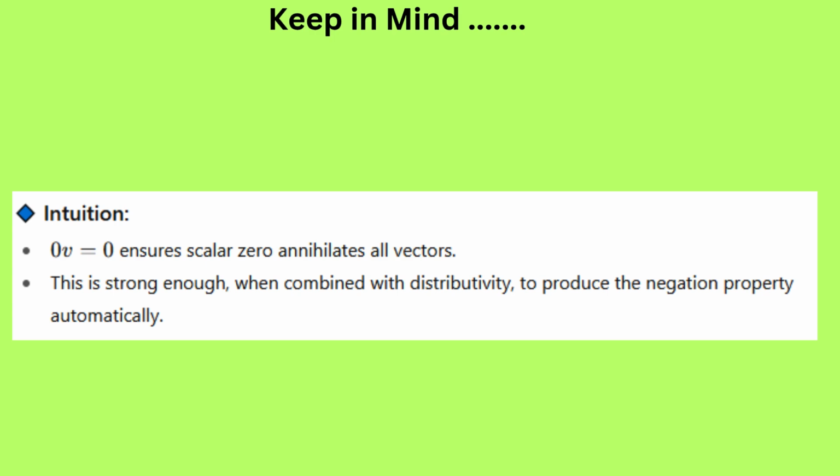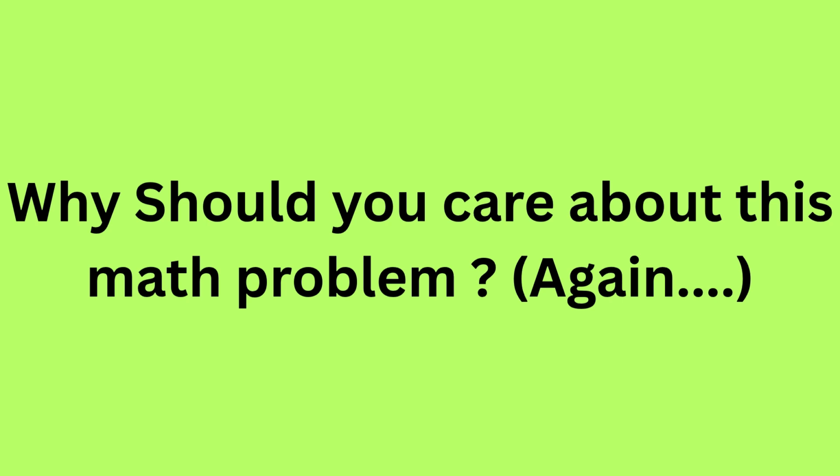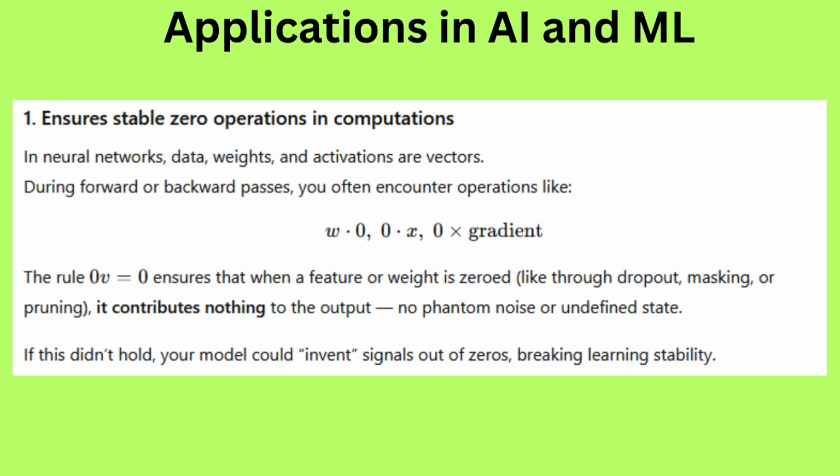Again, why should you care about such problems and such simple expansion of equations that are seemingly a bit obvious? In AI and machine learning, we have practical examples. Number one, they ensure stable zero operations in computations. In neural networks, data, weights, and activations are vectors.